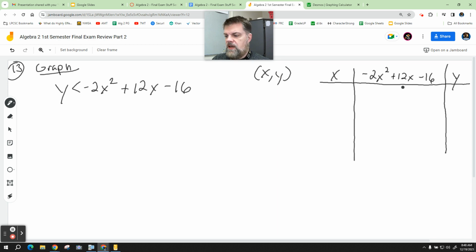So I'm just going to start with x equals 0. When x equals 0, what I'm really doing mathematically is plugging in 0 wherever there's an x, and then I do the math.